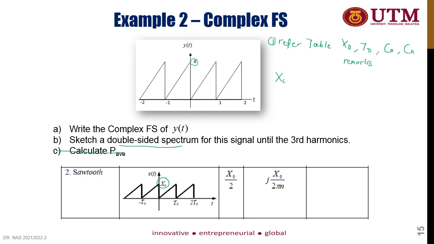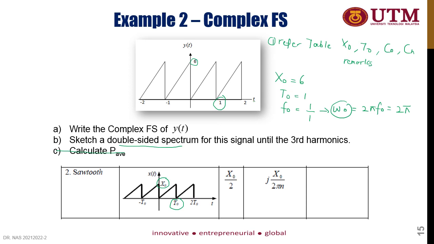What else? The T0 equal to 1 second. So f0 equal to 1 over 1. Then your omega naught equal to 2 pi f0 equal to 2 pi. So this is your omega naught.